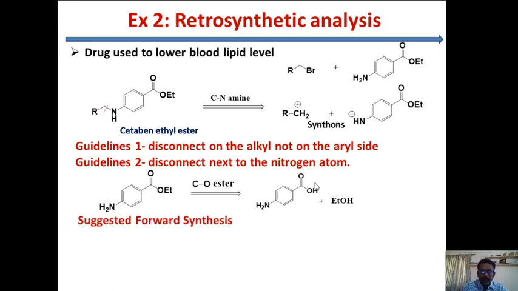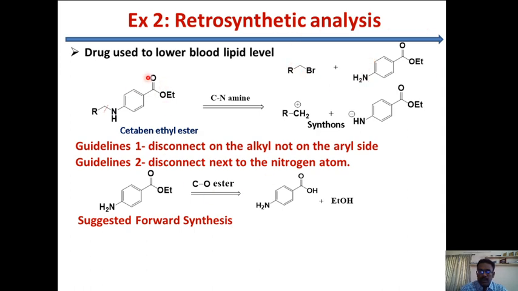If you combine these two retrosynthetic analyses, the left side one and the right side one: whenever you are given a molecule, first we disconnect the bond which is connected to the heteroatom. Using the two guidelines, we have done this disconnection, and now we know the two synthetic equivalents.